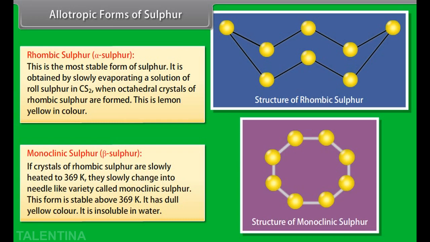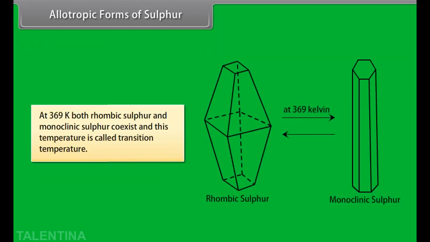If crystals of rhombic sulphur are slowly heated to 369 Kelvin, they slowly change into a needle-like variety called monoclinic sulphur. This form is stable above 369 Kelvin. It has a dull yellow color. It is insoluble in water. At 369 Kelvin, both rhombic sulphur and monoclinic sulphur coexist, and this temperature is called the transition temperature.